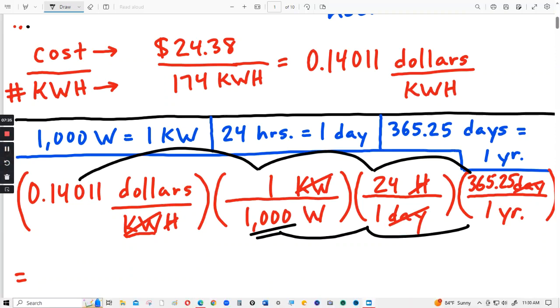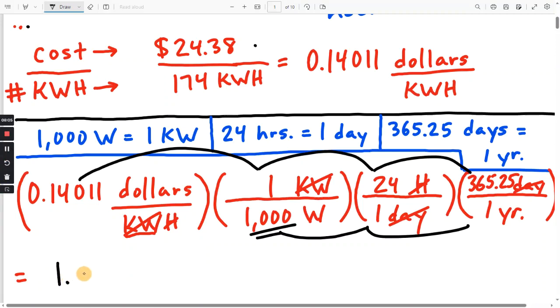Okay, on my calculator, 0.14011 times 1, which does nothing, times 24 times 365.25. Hit equals, and then divide by 1,000. And rounding off, well, I'll round off a little bit at first. I get 1.2282.